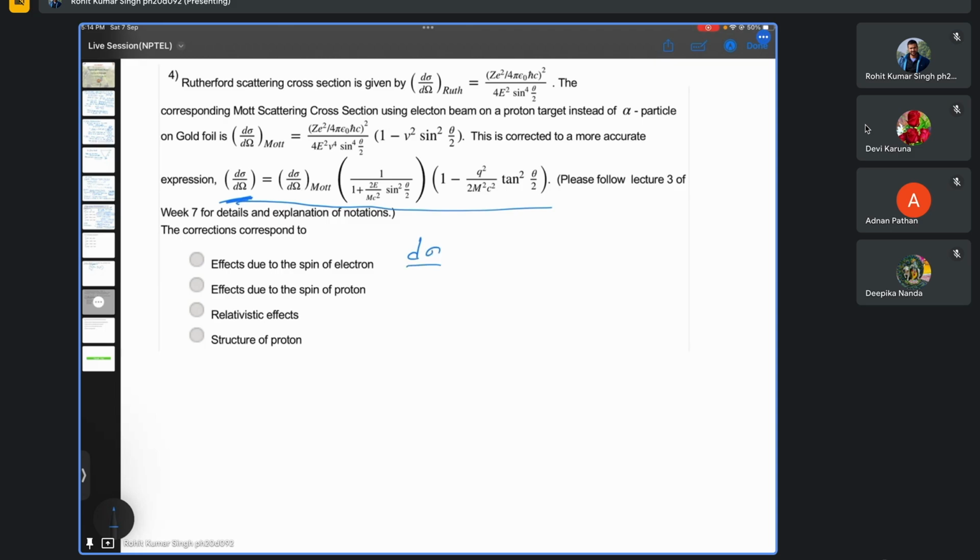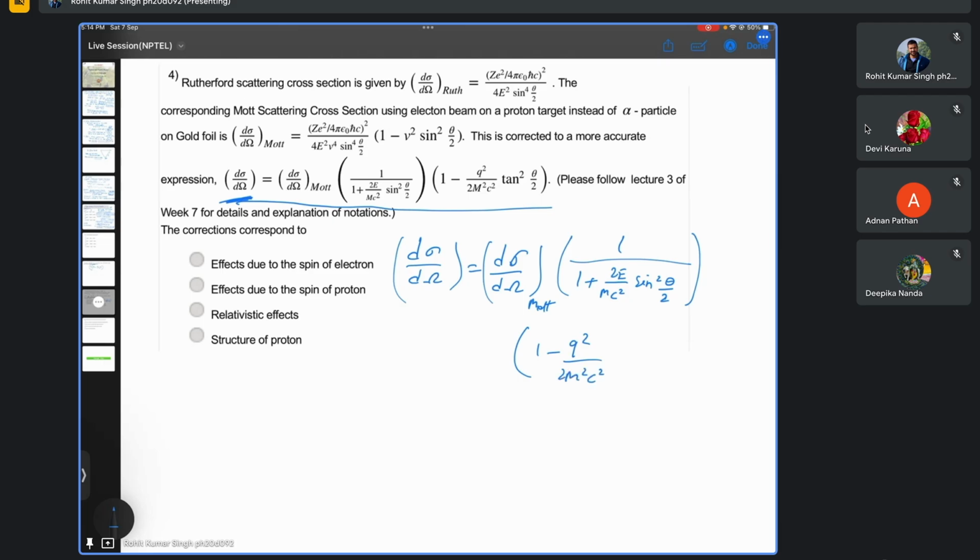Let me write it once, because this is very important, just to remind you what all these terms mean. And 1 minus q square. So first, this is the corrected expression for the Rutherford scattering cross section.